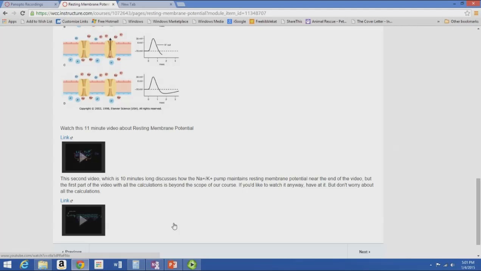Chemistry geeks like myself might be really into it, but we do not need to know that for our course, and so you can watch it if you want, and it's a really good explanation of the pump, but you can just blur your eyes during the part about the calculations and don't listen to that. You will not need to know that for any exam in this class or any other exam in the PTA program or for the PTA board exam. So it's great information, but we don't need to know it.